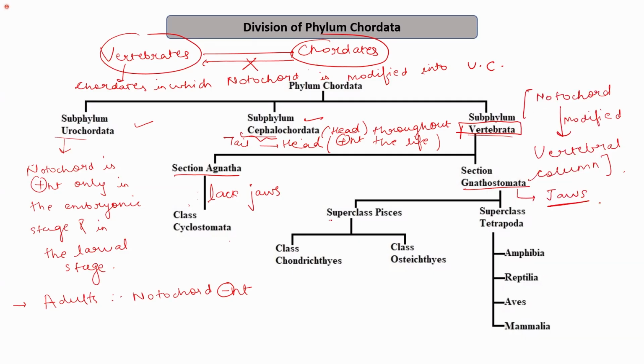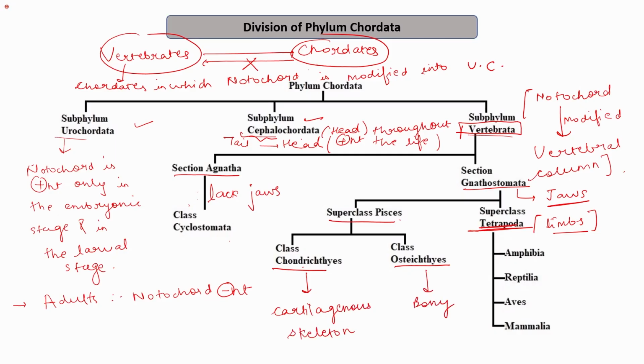The first superclass is superclass Pisces. The second superclass is superclass Tetrapoda that have limbs. Superclass Pisces is divided into class Chondrichthyes and class Osteichthyes. Chondrichthyes means that have a cartilaginous skeleton. Osteichthyes means that have a bony skeleton, that is the bony fish.